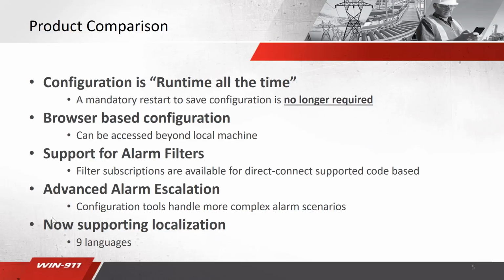It's a very visual process. It's handy for configuring, and it's new in our standard interactive and advanced software. Finally, we support our software in 9 different languages. For example, if you're in Canada and you need French or Spanish, whatever it might be.